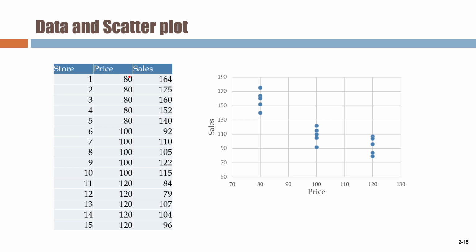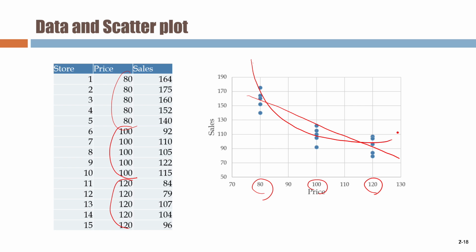Since we have only 3 different prices, it's 80, 100, and 120. But if you plot the data, this is not completely linear. It's more like this, right? When you just plot the simple data, you can get an idea.